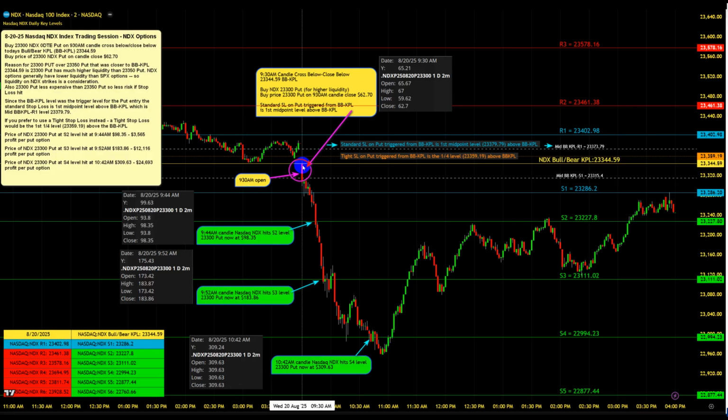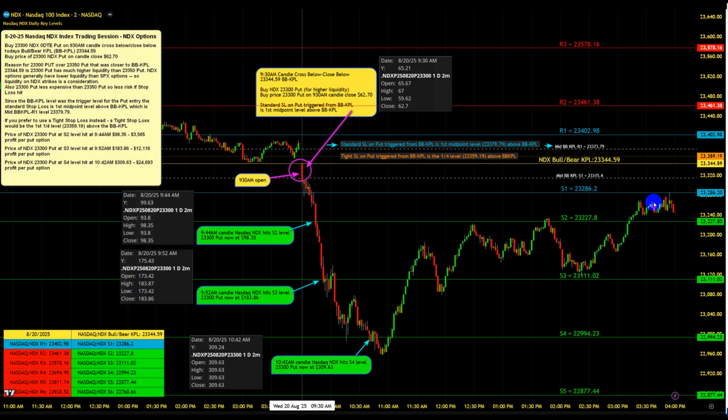So we had a full 4 level move to begin with in the bearish direction, and then we had a full 3 level move to end the session, starting around the 11:15 time here. This candle here, these are 2-minute candles, so this is approximately in the last 5 minutes of the session.